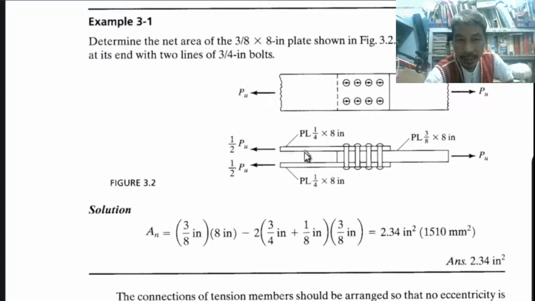We are not being asked the same question for 1/4 by 8. So we are only considering this part, the thicker plate in the middle, and not the thinner plates.